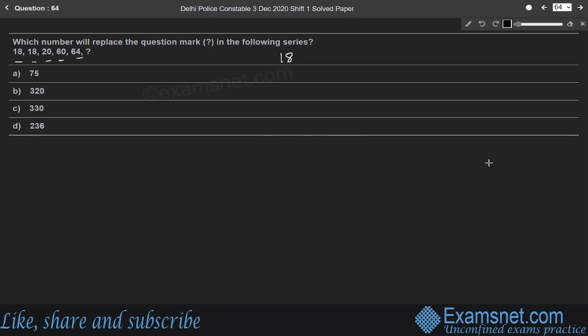So the first number 18 into 1 gives the second number, again 18. And the second number 18 plus 2 gives the third number 20. And the third number 20 into 3 gives the fourth number 60. And the fourth number 60 plus 4 gives the fifth number 64.